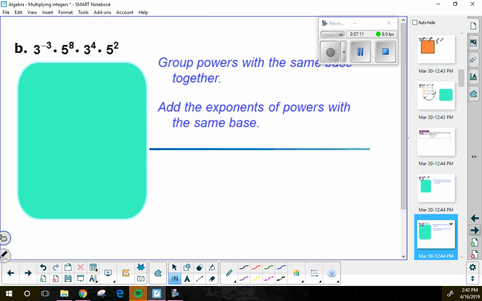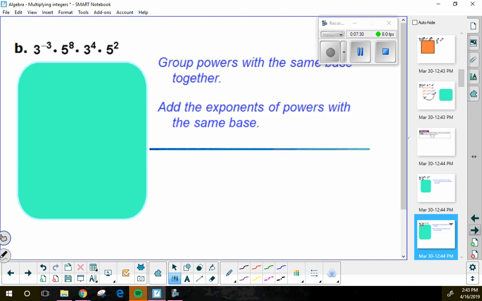Try this one. It's 3 to the negative 3rd times 5 to the 8th times 3 to the 4th times 5 to the 2nd. And you can't have the same base.